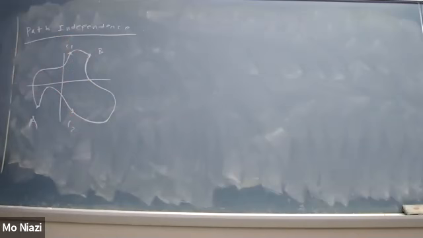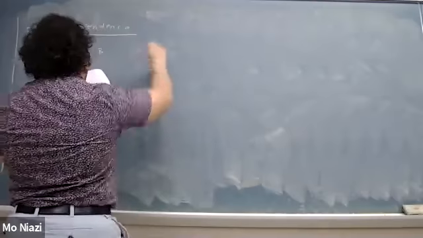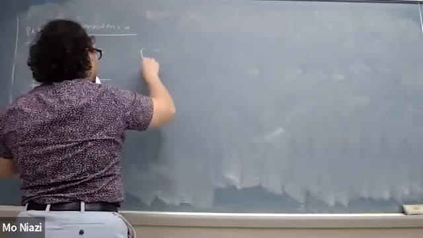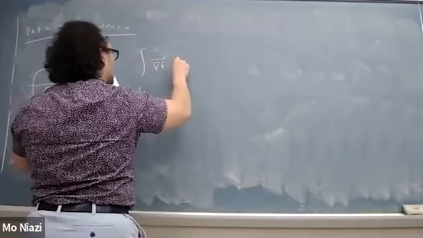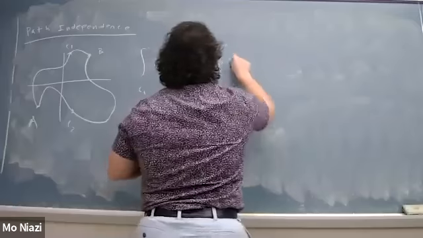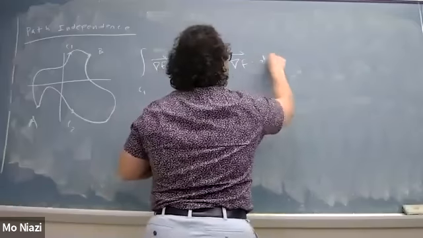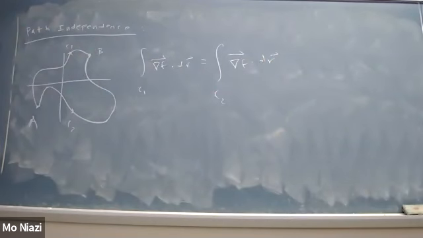Okay? If you are in a conservative vector field, the conservative vector field gives you this astonishing equation, that the line integral of either of those paths is the same.